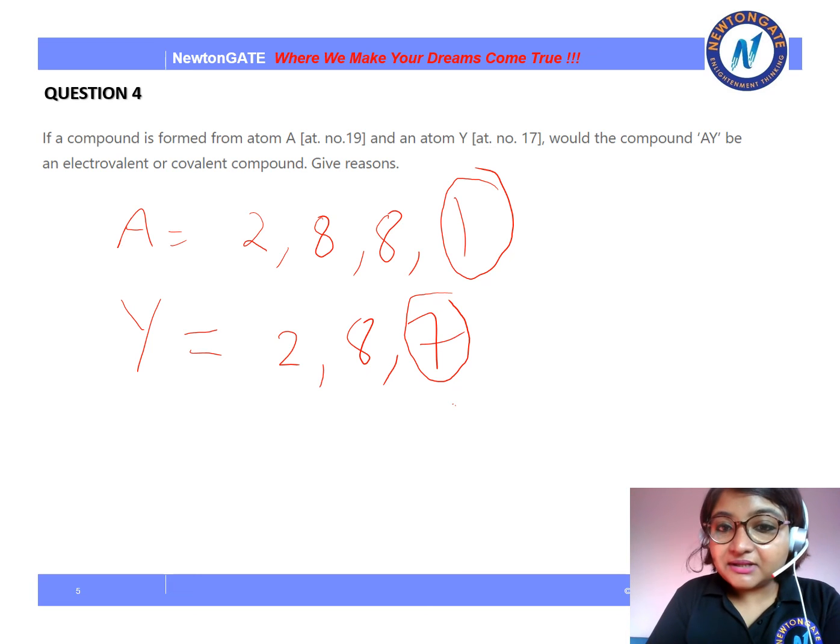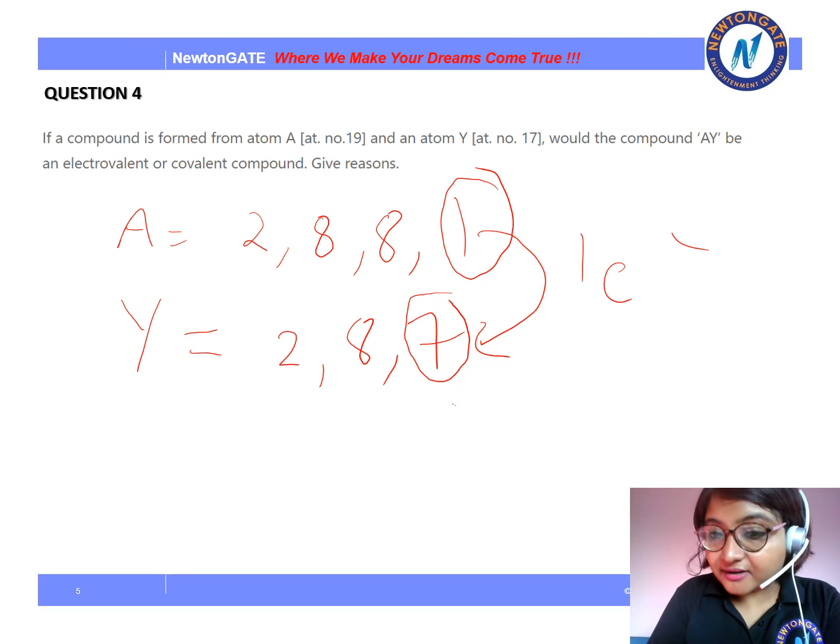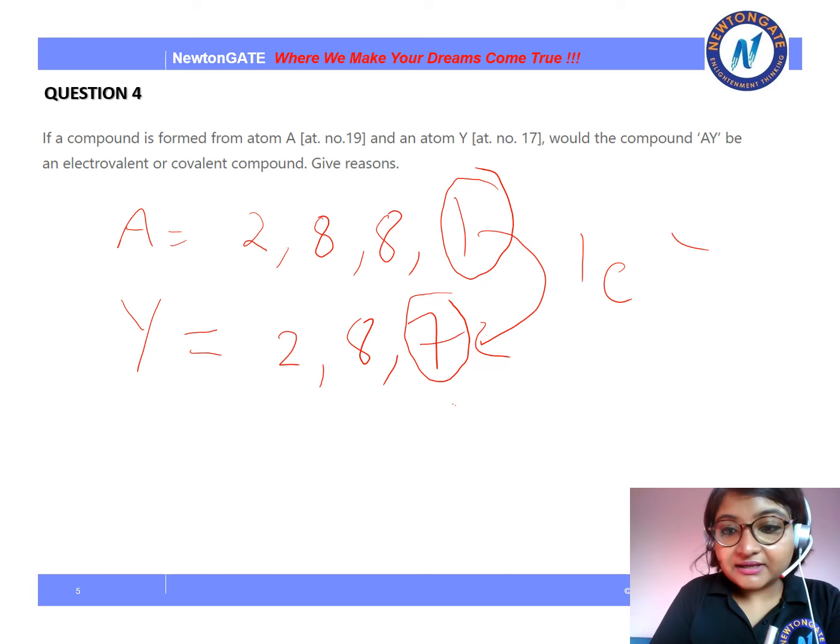So it's very simple. There will be transfer of 1 electron from atom A to atom Y. So that's why they will form an electrovalent compound, because AY will be formed by the complete transfer of electron, and its electrovalence is 1 because 1 electron is being transferred.